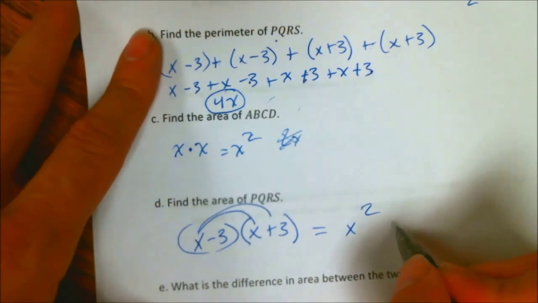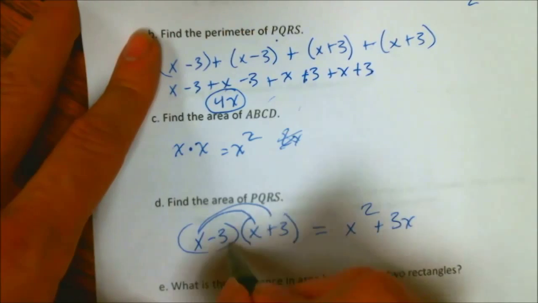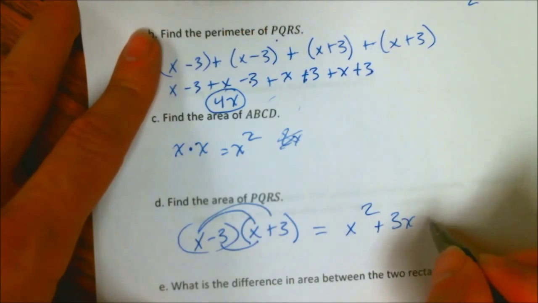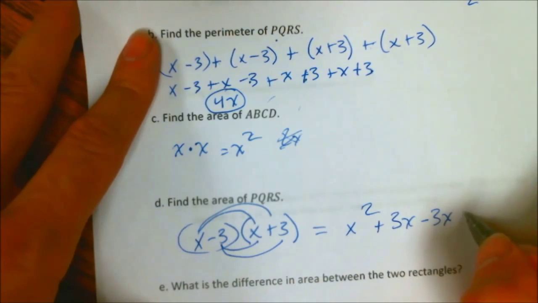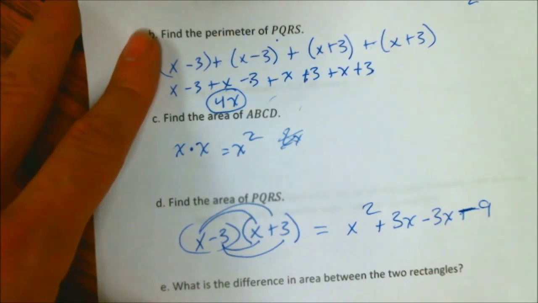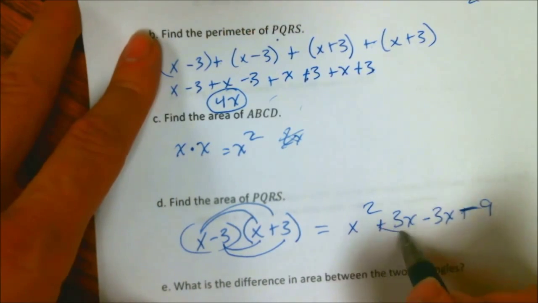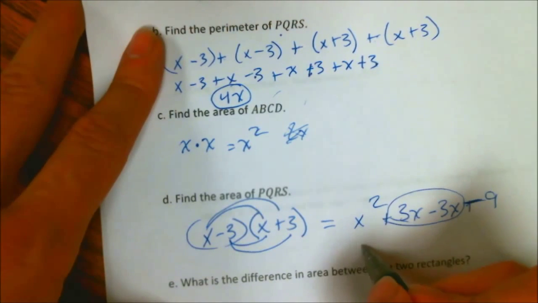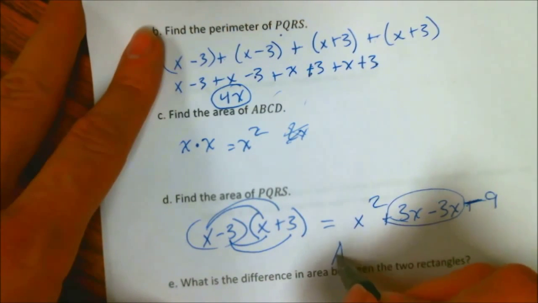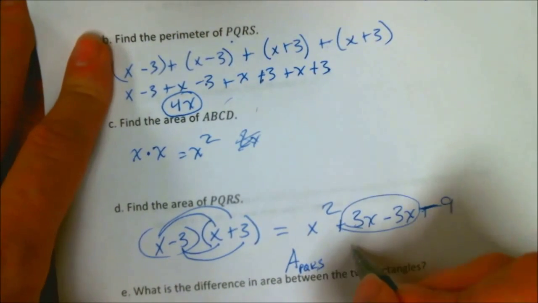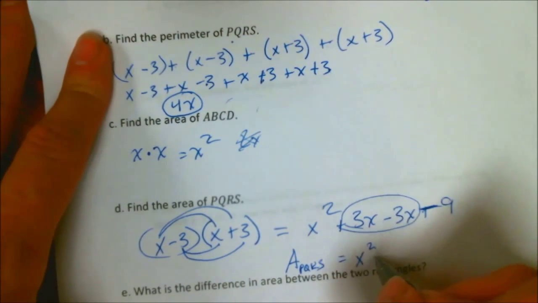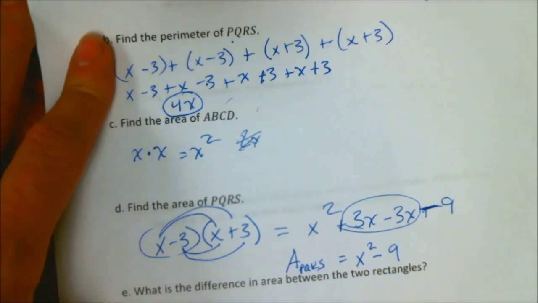X times a positive 3 is a positive 3x. Negative 3 times x is a negative 3x. And negative 3 times positive 3 is, I almost put a positive, a negative 9. This is why I have you guys not do your math in pen. Those two terms cancel out, and I find that the area of PQRS is equal to x squared minus 9.